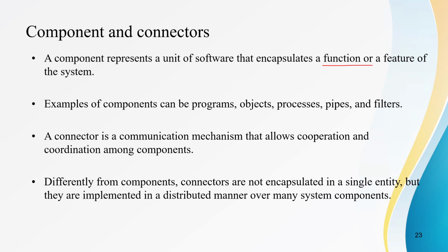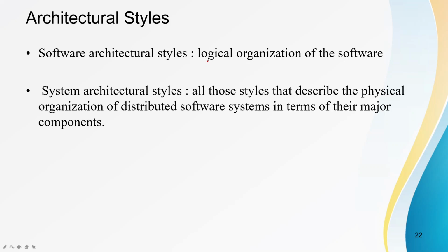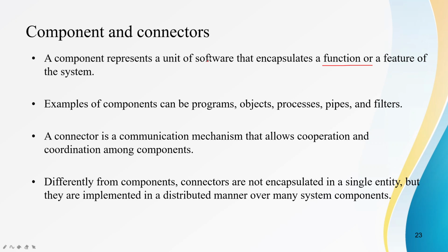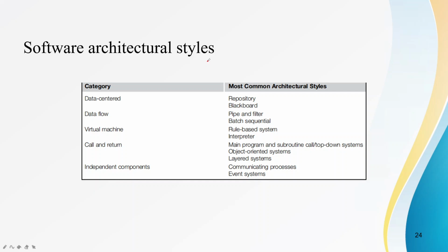We have software architectural style and system architectural style. Just introducing the different software architectural styles: data centered, data flow, virtual machine, call and return, and independent components. These are the five software architectural styles, which are further subdivided, and each has to be seen in detail.